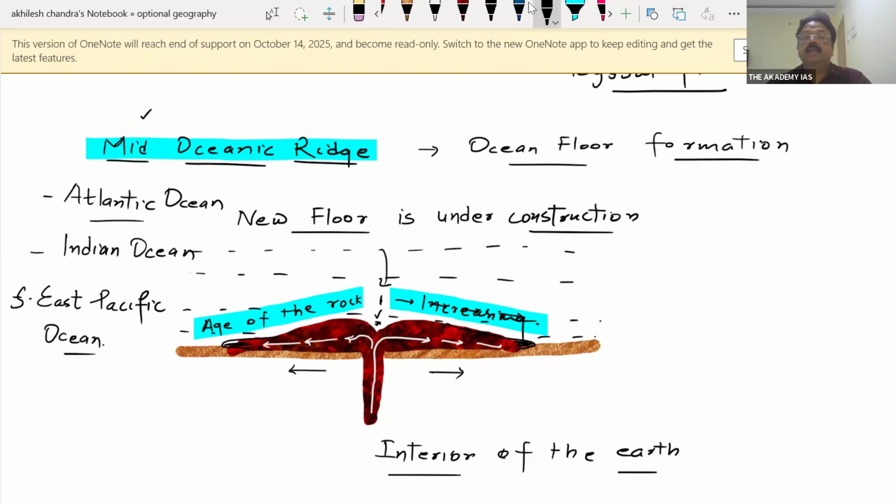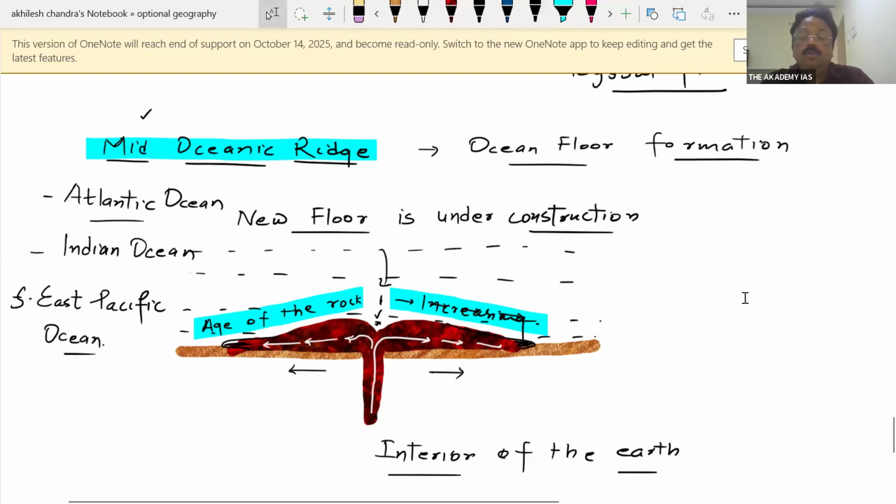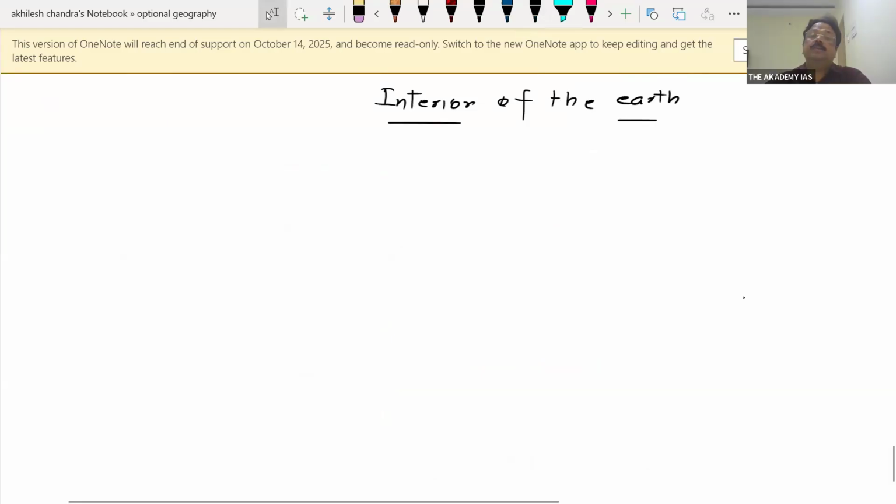Not only this, another topographical feature which was also giving some clue was trenches.